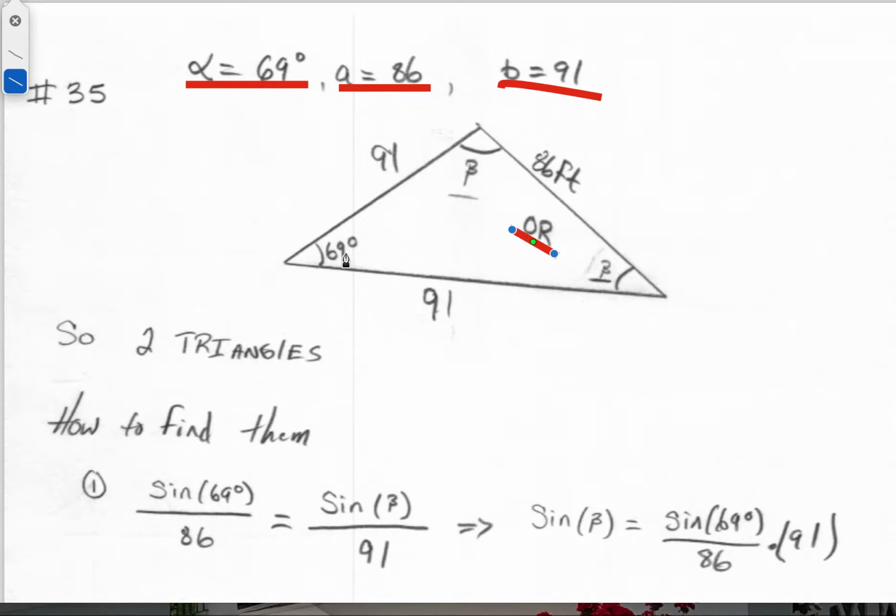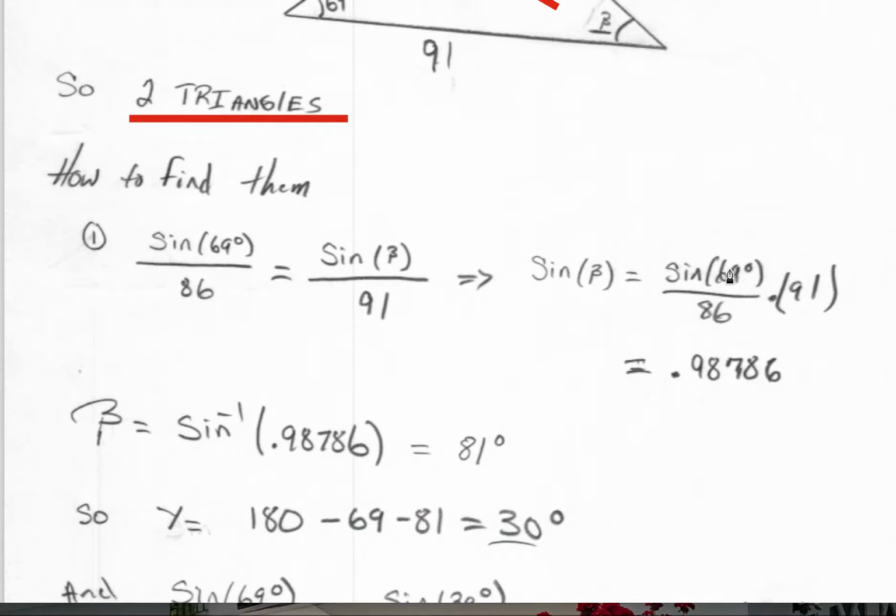The 69 and the opposite 86 are locked in by the problem, but the choice of where I put b makes beta two different things, so I have to have two different triangles.